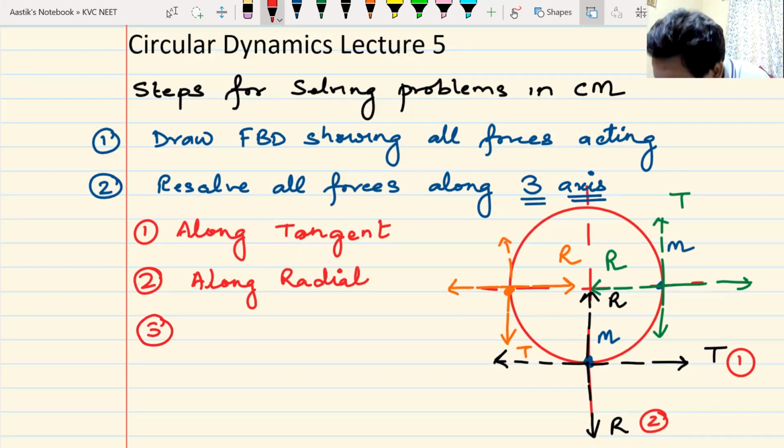The third one is the one that is giving me the problem. No, it's not giving me the problem. We all understand it has to be perpendicular. Perpendicular to what? Look at all these six axes that I've drawn: two axes in green, two in black, two in orange. It has to be perpendicular to all these axes, or any infinite number of axes that I can draw on the circle.